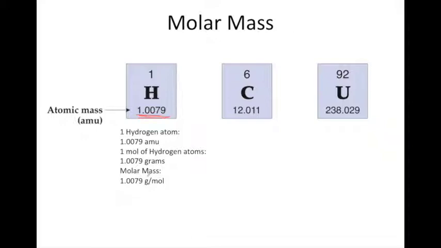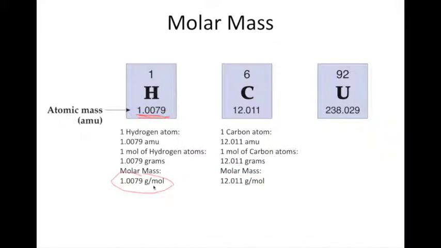So we could say the molar mass of hydrogen is 1.0079 grams per 1 mole. Carbon atom is 12.011 AMUs. A mole of carbon atoms, so 6.022 times 10 to the 23rd carbon atoms, has a mass of 12.011 grams. We would say the molar mass of carbon, therefore, is 12.011 grams per mole.